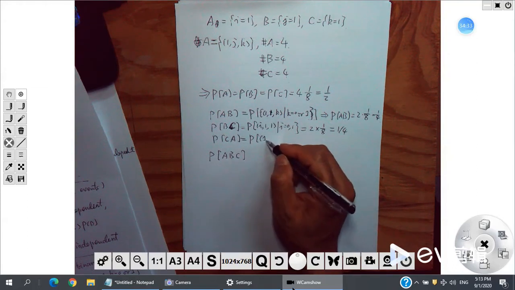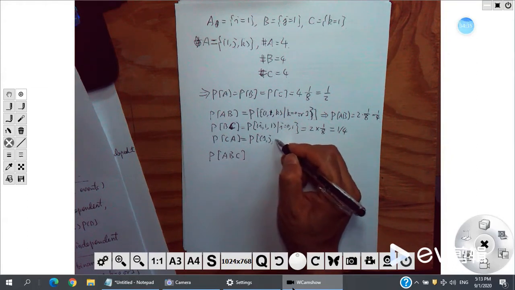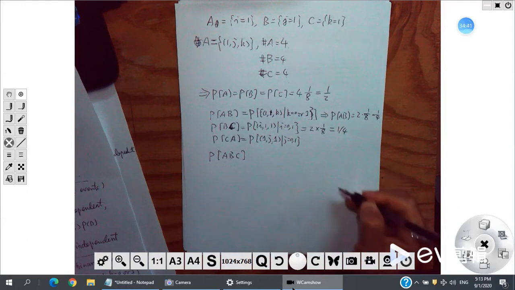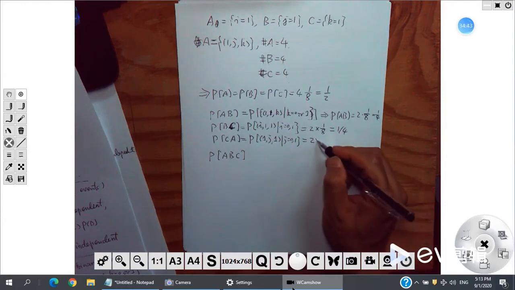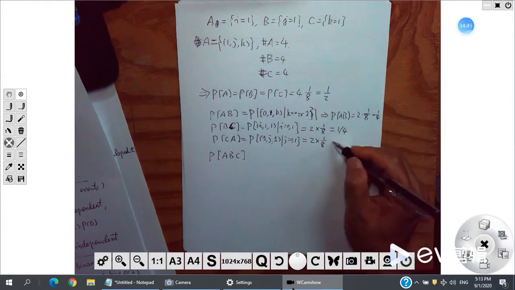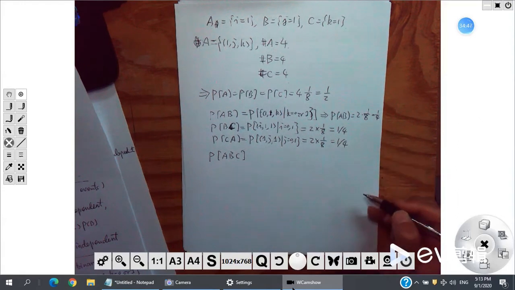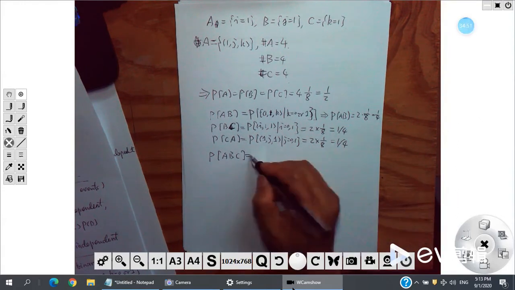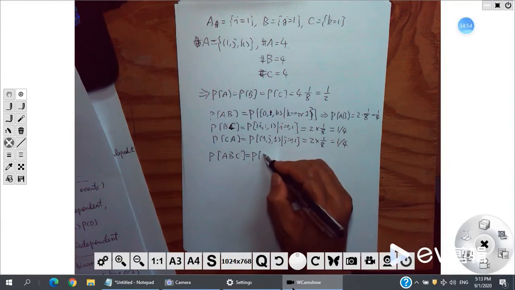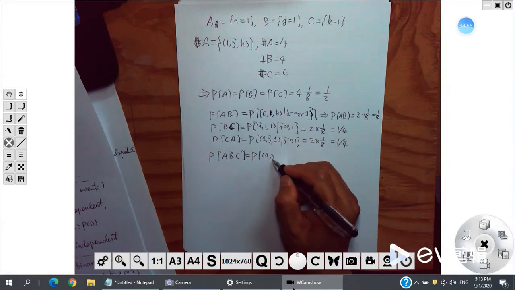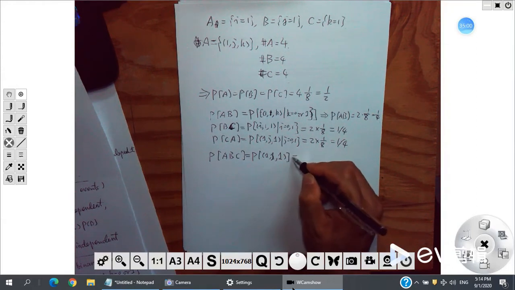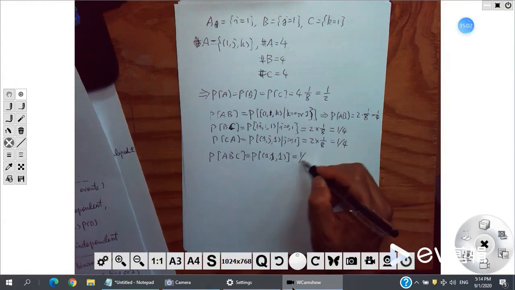And B, no B, but I have C, so the third bit is also 1. Here J could be any. So this is also 2 elements. Each has probability 1/8, so I have 1/4. Alright, the last one. This time I is 1, J is 1, and K is also 1. Okay, just 1 element. So this is 1 over 8.